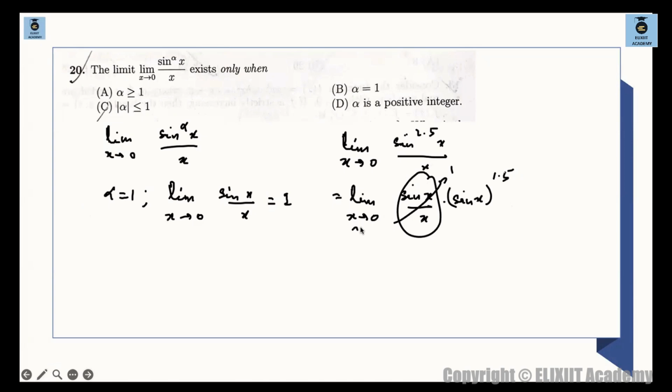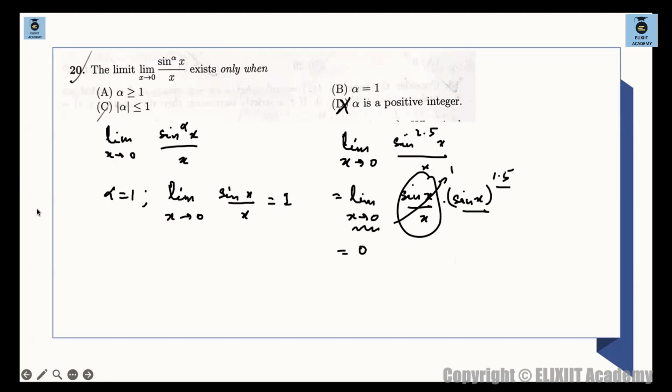And as x tends to 0, 0 raised to the power of 1.5 will definitely exist, which is 0 only. So even if alpha is not a positive integer, still the limit will exist. So D is definitely wrong. Right? D is definitely wrong.